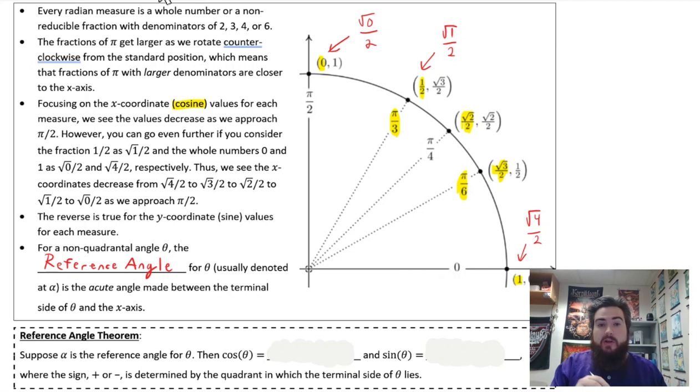Meaning, if you consider this to be in quadrant 2, for example, the flipped version of this over the y-axis, the reference angle is always the angle measure from the closest x-axis.